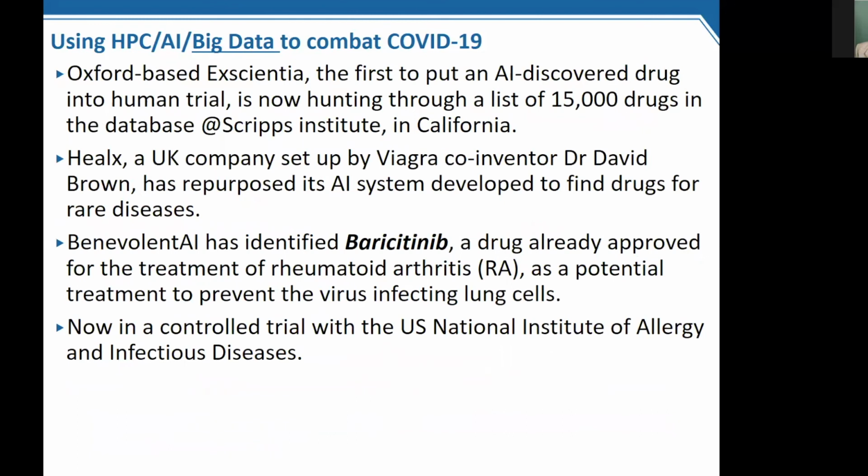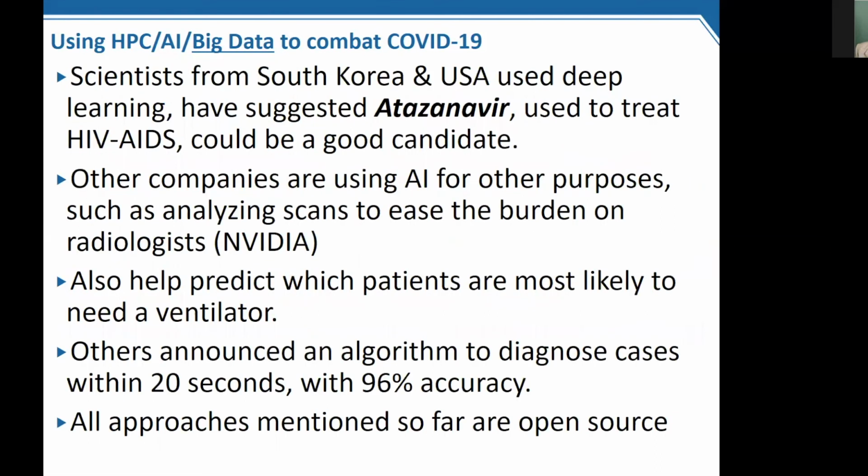Here are about 3 examples. Oxford-based, they were able to connect to the Scripps Institute and go through 15,000 drugs and come up with some promises. Helix, a company set up by the co-inventor of Viagra, repurposed their system. Yet another figured out the drug for rheumatoid arthritis could be a potential treatment, and they're actually using it in trials.